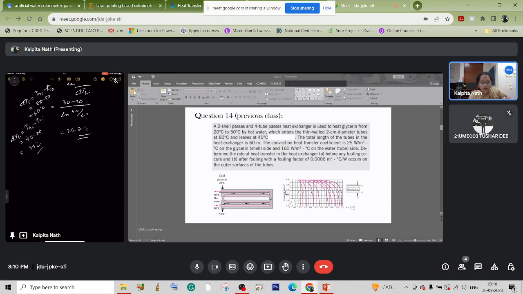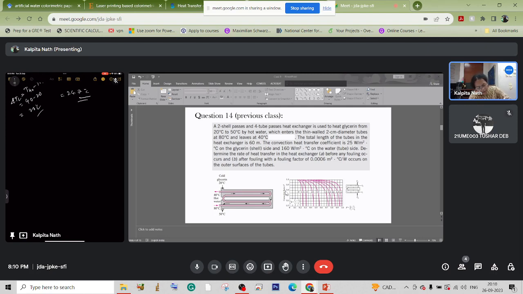Now, for the correction factor we need to find out P and the heat capacity ratio R. The heat capacity ratio we can easily calculate from the minimum upon maximum heat capacities, so P and R we need to calculate.